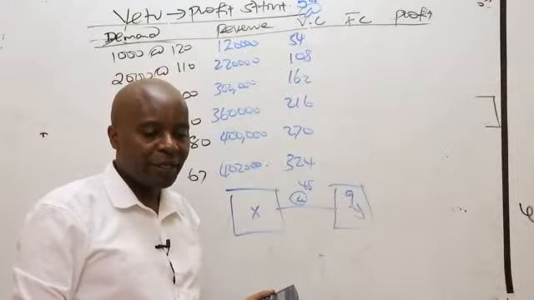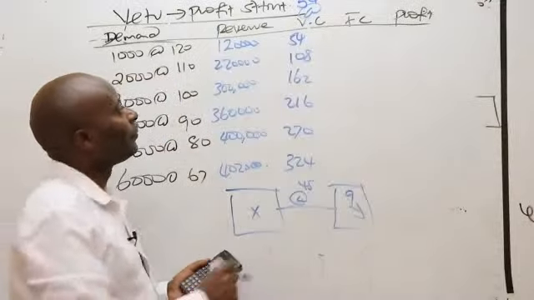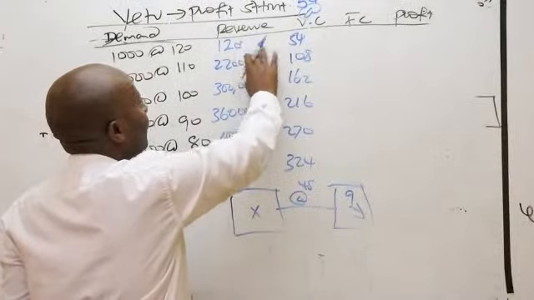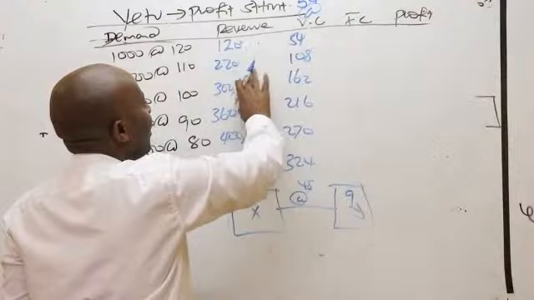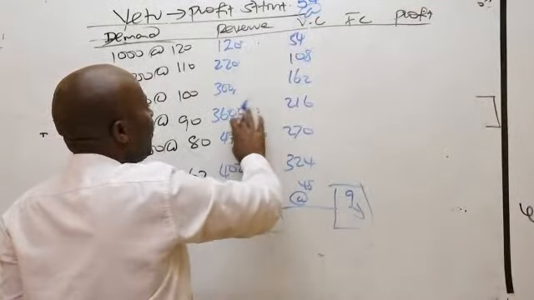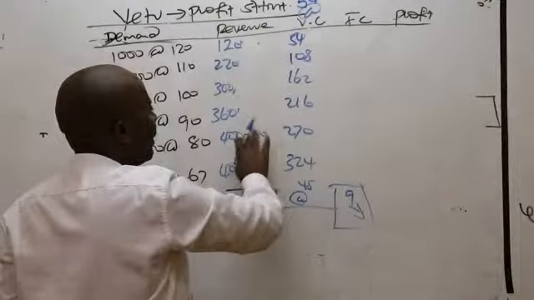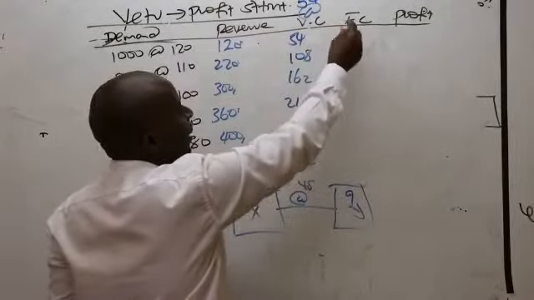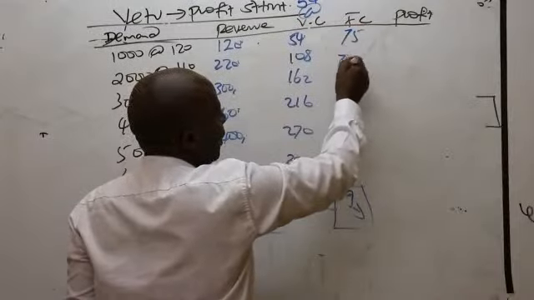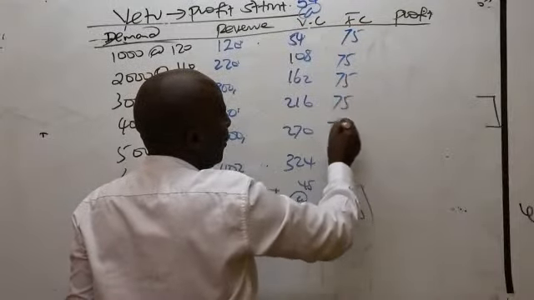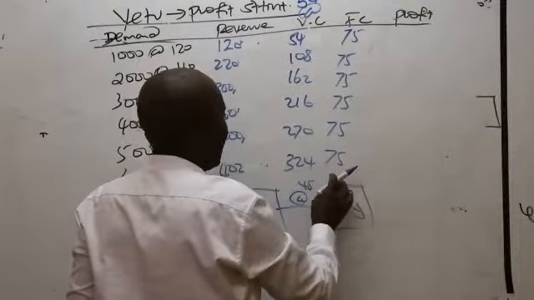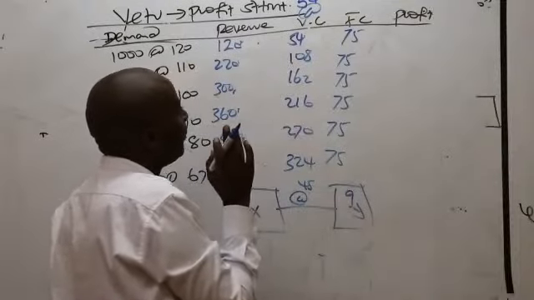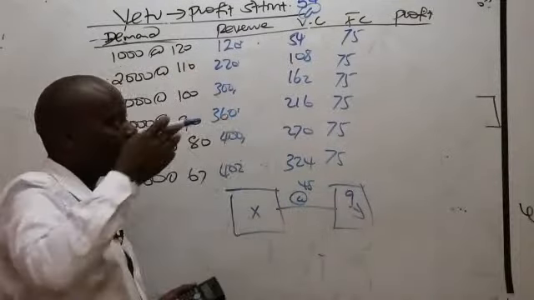Okay, Moses is saying 75,000. Thank you very much, Moses. Any other suggestion? 75. Thank you very much. And of course, because my figures are in thousands, I'll have 75 up to the end.